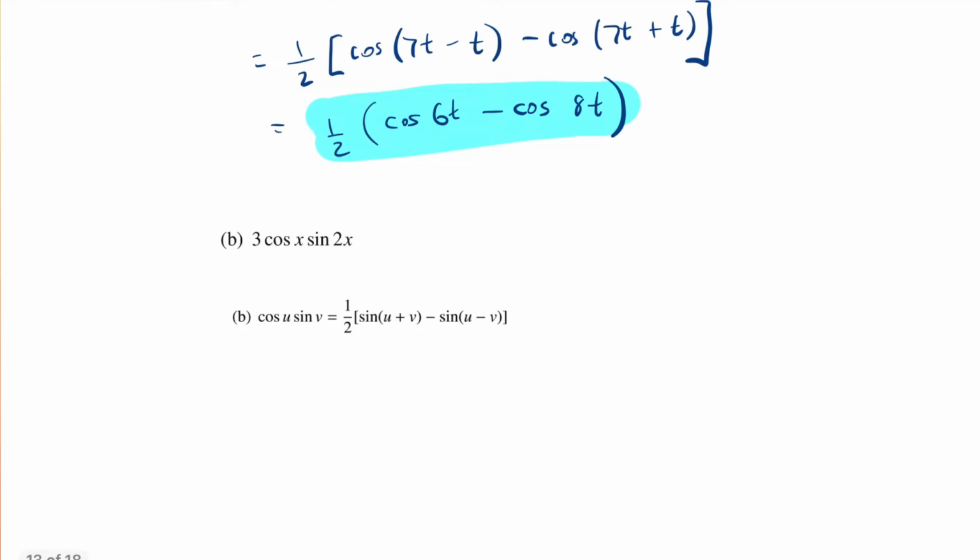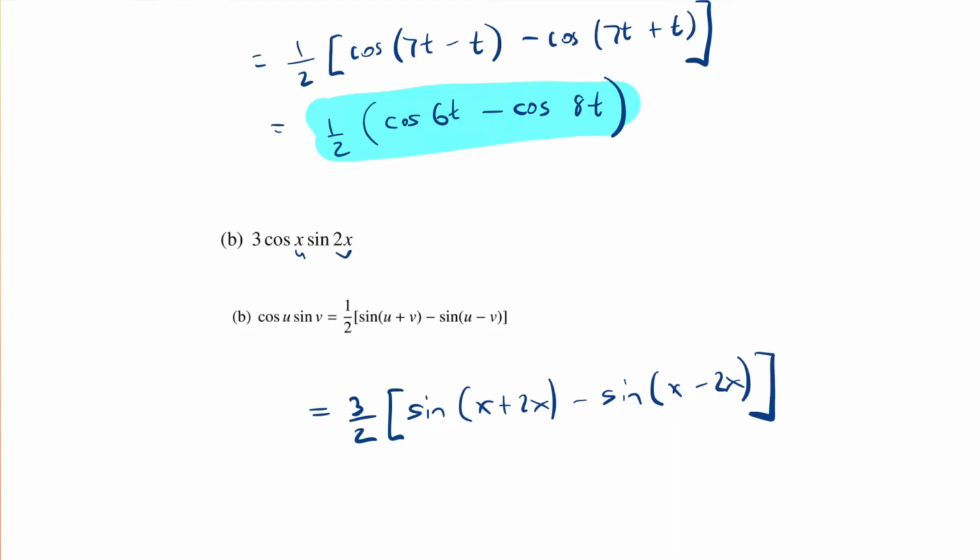We have a 3 in the front, so you multiply the 3 times the 1/2 and you get 3 halves, bracket sine of u is x, v is 2x, so we have sine of x plus 2x minus sine of x minus 2x. All right, so if you simplify, you should get sine of 3x minus sine of negative x.